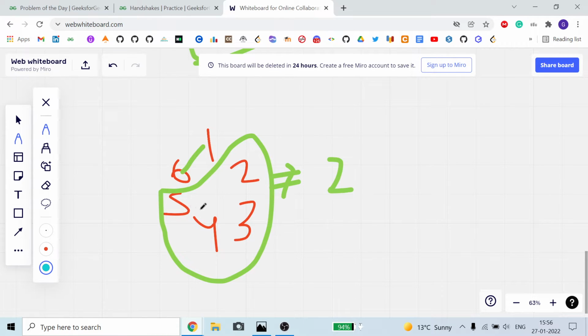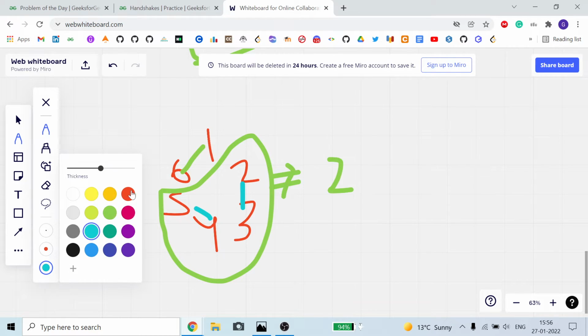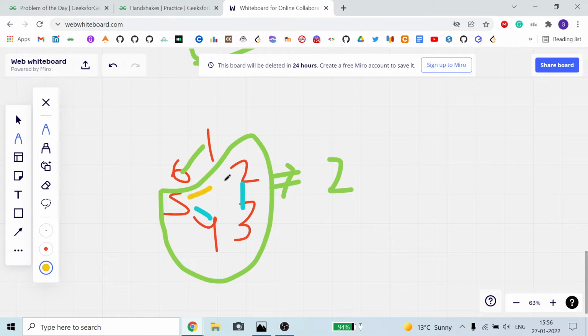It is like 5 and 4 can do handshake, 2 and 3 can do handshake, and the other one is 5 and 2 can do handshake, and 4 and 3 can do handshake. The only case that cannot be a handshake is 5 and 3. This way is not possible. I explained earlier why. So a total of two methods are possible here.